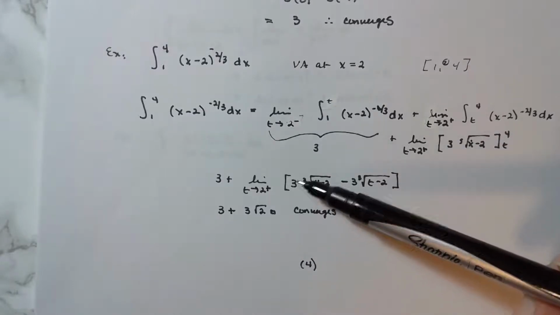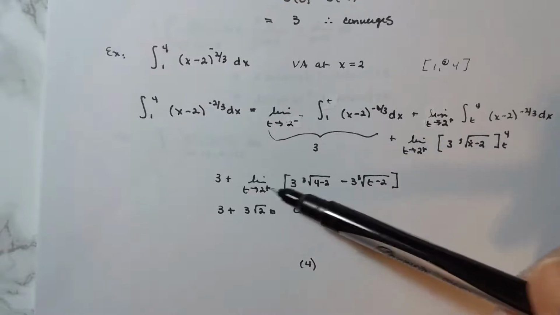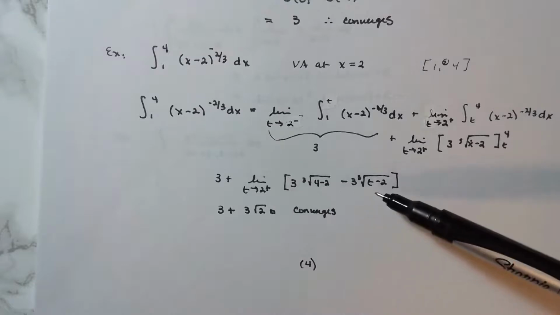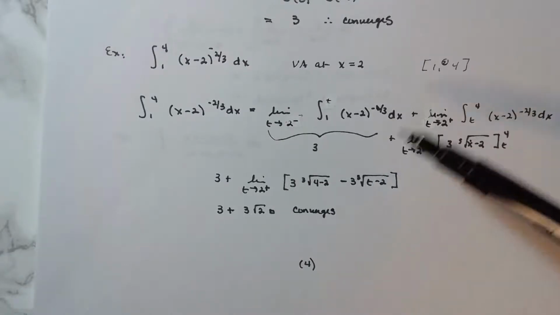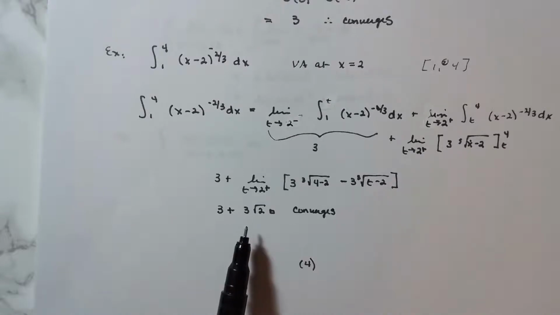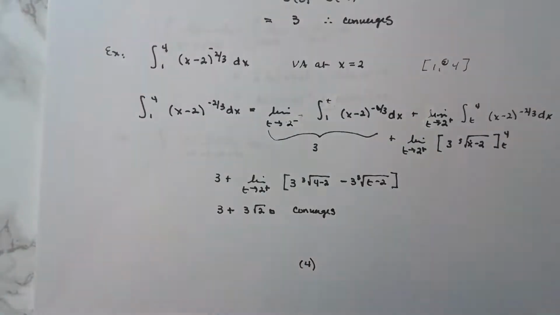And this becomes 3 times the cube root of 2 plus, if I take the limit of this, the limit of a number is the number itself. But when I take the limit over here and I plug that 2 in, I get a 0. So this is going to go away. So what I'm left with is still a number, even though it's weird. So I can say that the integral from 1 to 4 of the quantity x minus 2 to the negative 2/3 dx converges, and it converges to 3 plus 3 root 2.